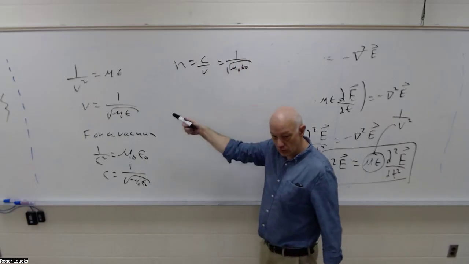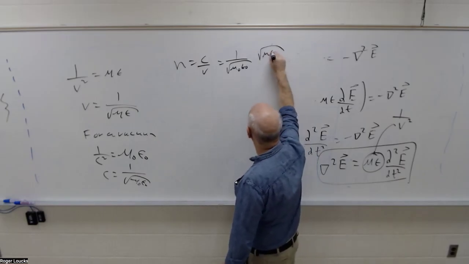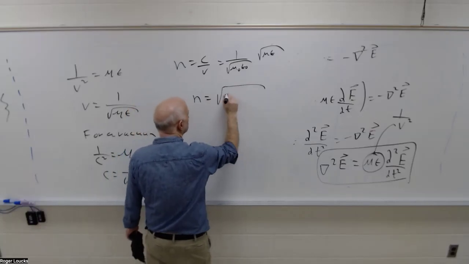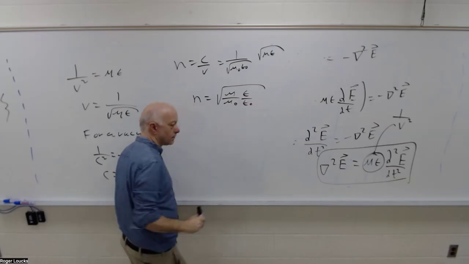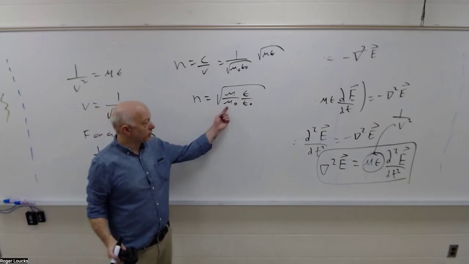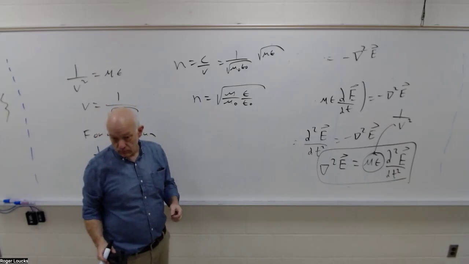V is 1 over this guy. So that gives me this. I'm left with n equals the square root of mu over mu naught times epsilon over epsilon naught. Wow. Okay. These ratios here are actually your dielectric constants. Does that make sense?